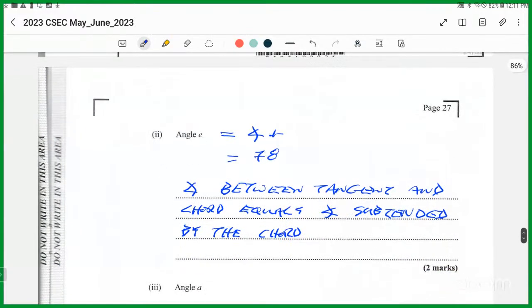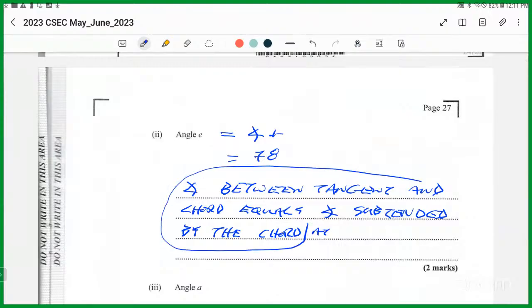If you want to finish the statement, you can say at the circumference. If you stop right here, you're good enough. But let's finish it still. At the circumference. Talking about the angle subtended by the chord at the circumference.